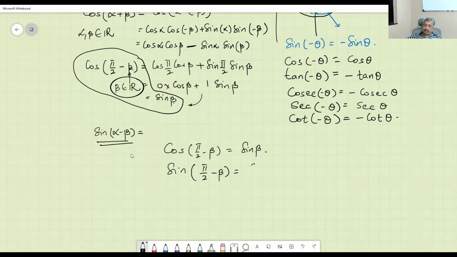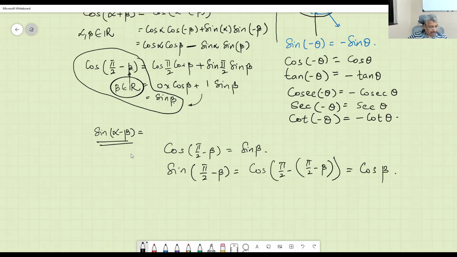So sine of pi by 2 minus beta is equal to cos of pi by 2 minus pi by 2 minus beta, which is equal to cos of beta. Correct? And hence, we should find out sine alpha minus beta.